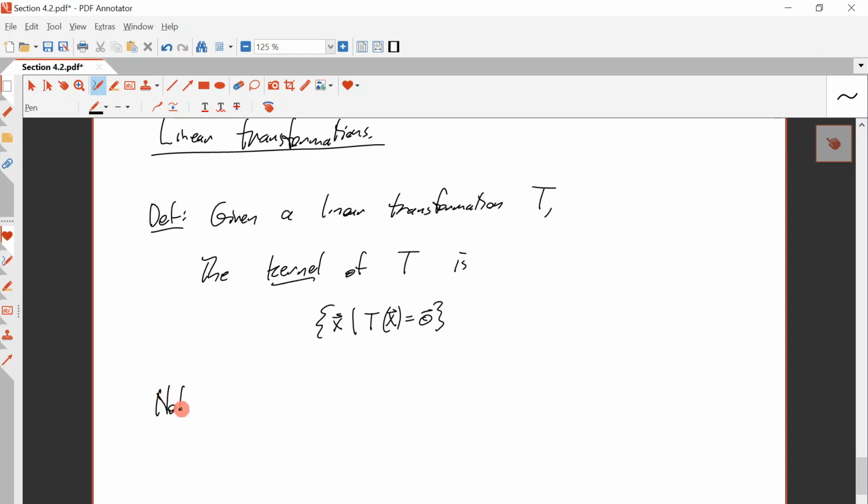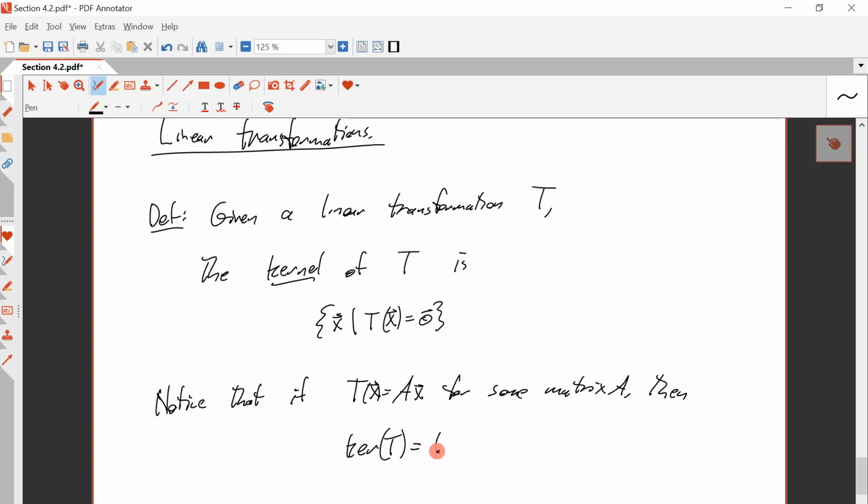So notice that if Tx has matrix A, then the kernel of T is just the null space of A.